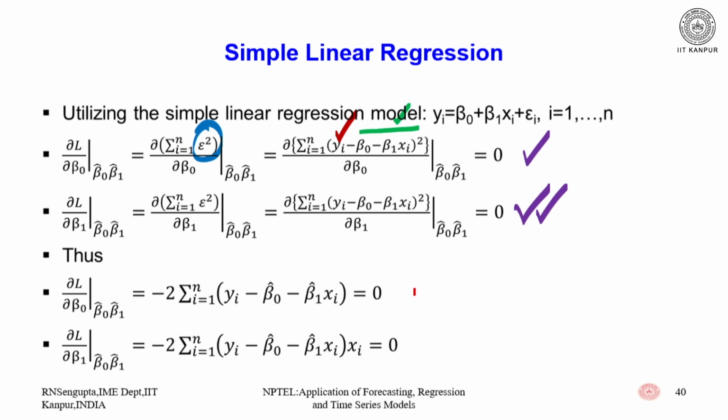Obviously, during the discussion I did mention that we are not going to go into the detailed calculation, but problem solving is important, so the basic idea should be discussed. Once we partially differentiate, this is equation 1, where I put 1 red tick mark, and this is equation 2, where I put 2 tick marks.